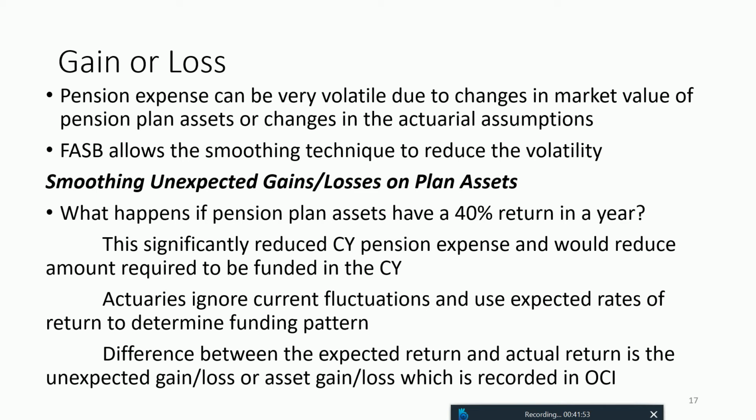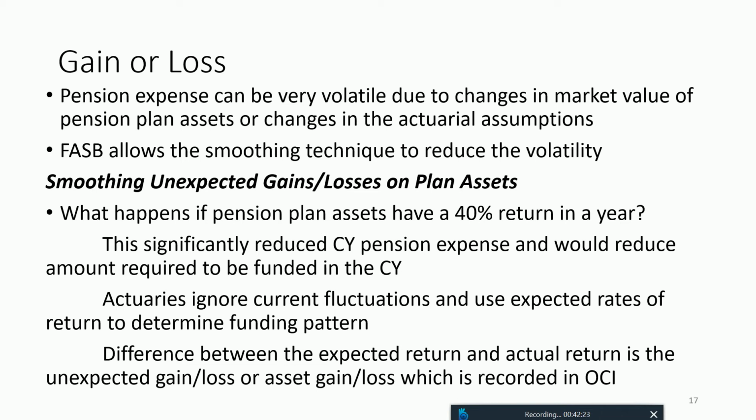So what actuaries will do is ignore current fluctuations in a one-year time span, and instead look more at the longer term, and come up with expected rates of return to help determine the funding pattern. They're going to come up with an expected rate of return that is going to be different from the actual rate of return.